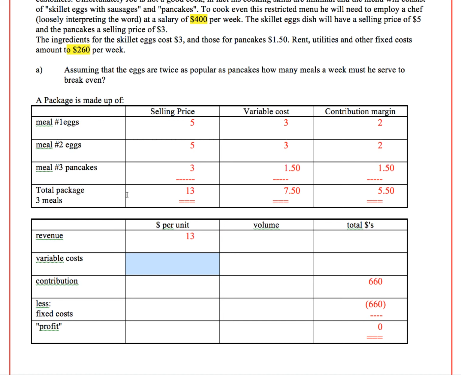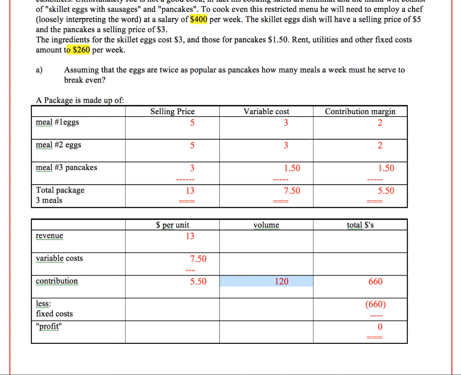The variable costs of each package we just worked out was $7.50, and so the contribution margin per package, this package of 3 meals, is $5.50, and so the volume of packages he needs to sell is 660 divided by 5.50, because if we take that answer, 120, then 120 packages with a contribution margin of $5.50 each will give a total contribution margin of 660. We can subtract the fixed cost, 660, and that will give us the break-even of 0 profit.